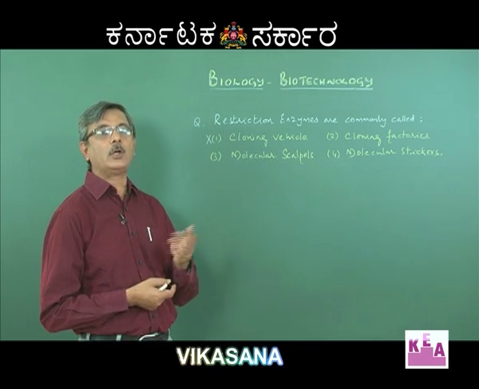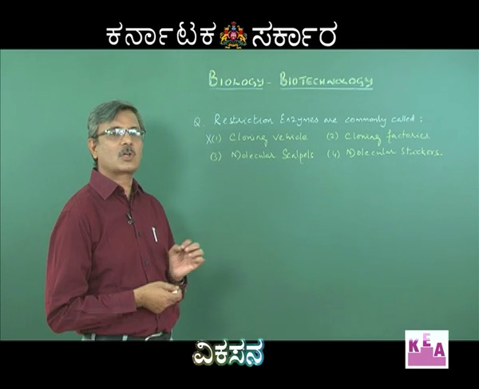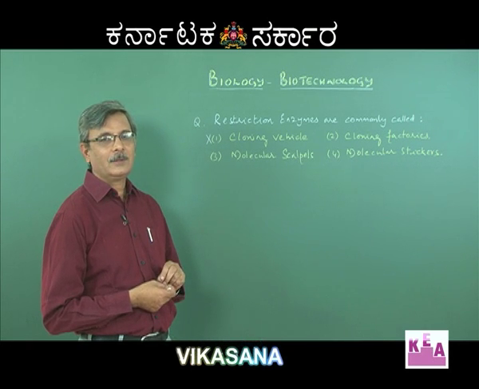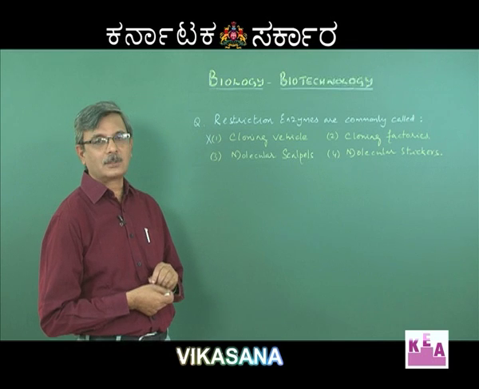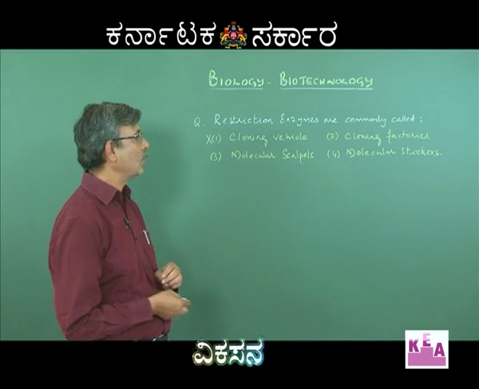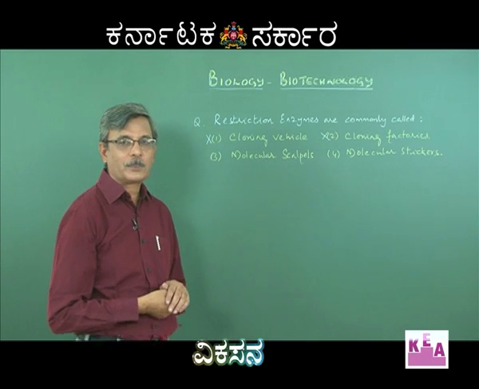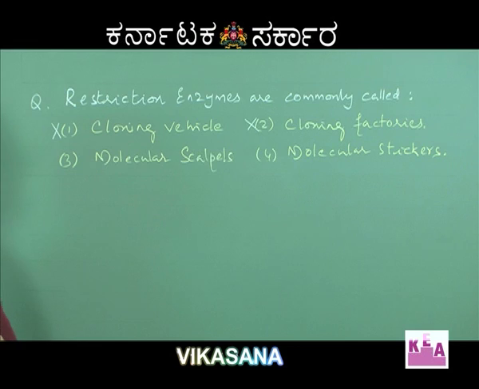It may be a prokaryotic host or eukaryotic host. One of the most common prokaryotic hosts that we use is E. coli. When you talk about a eukaryotic host, we use the yeast Saccharomyces also. So, even option 2 is not our answer. Now we come to option 3, molecular scalpels.